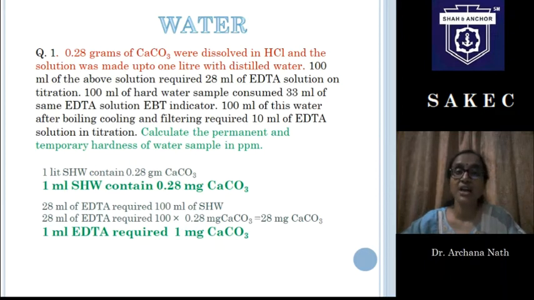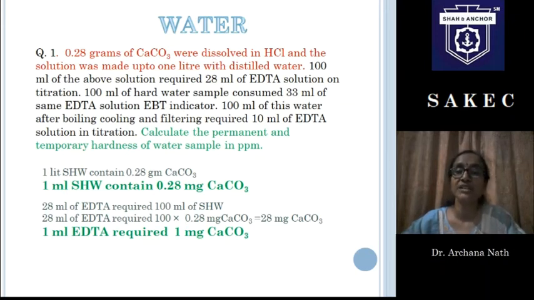And what else has been given? 100 ml of the above solution required 28 ml of EDTA solution on titration. So 100 ml of standard hard water required 28 ml of EDTA.